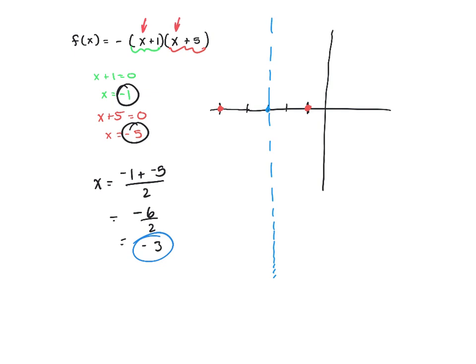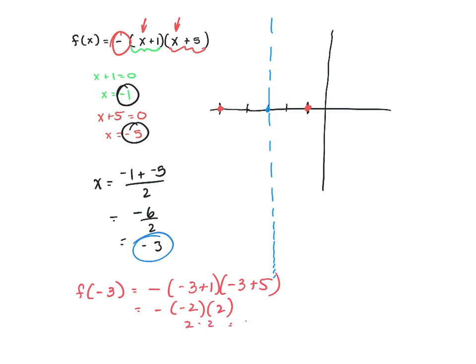We find the f, essentially, of -3, which would be negative, that's that guy, parentheses, -3 plus 1 times -3 plus 5. -3 plus 1, -3 plus 5, multiply 2 times 2, looks like it is 4.